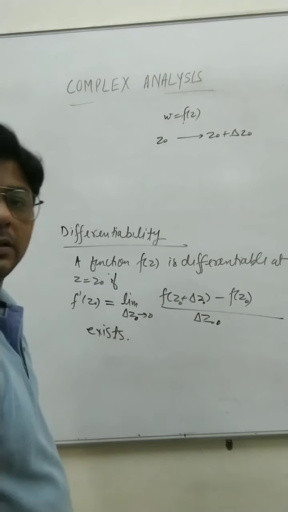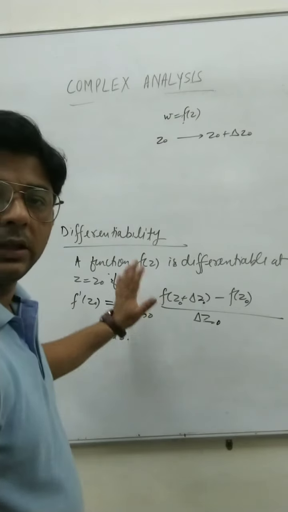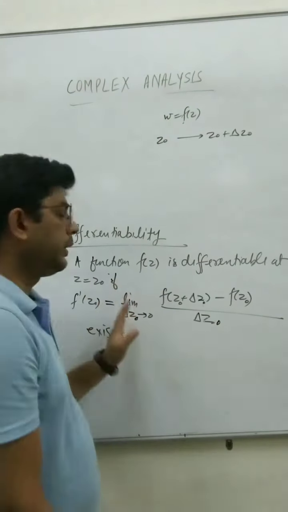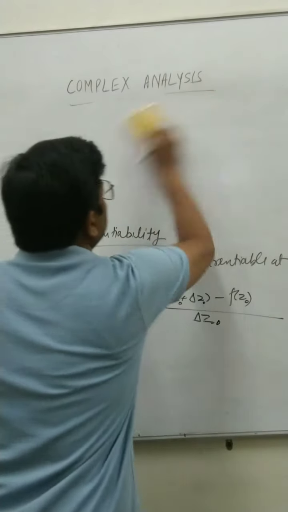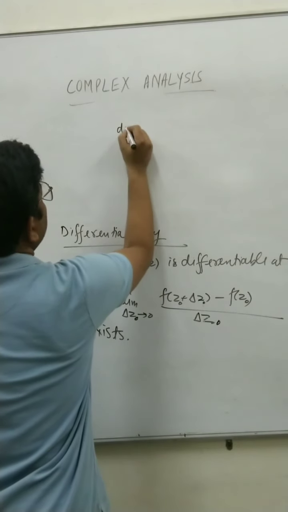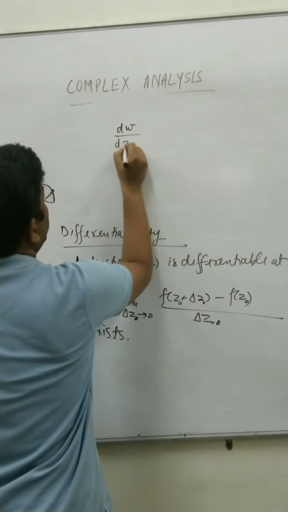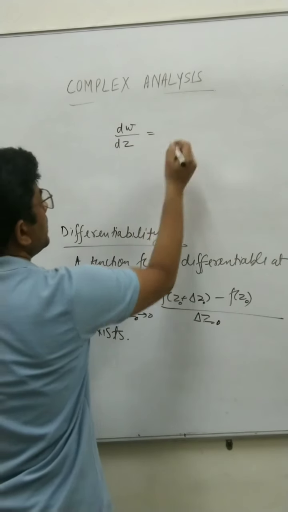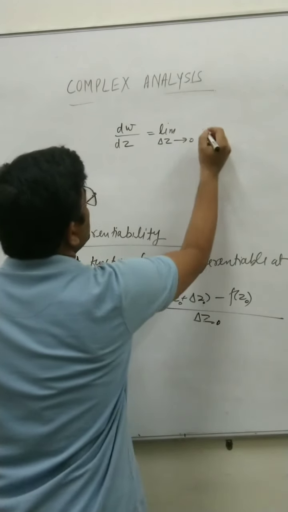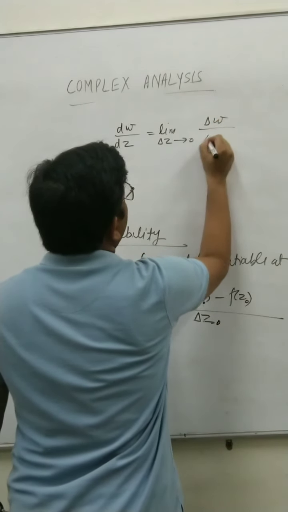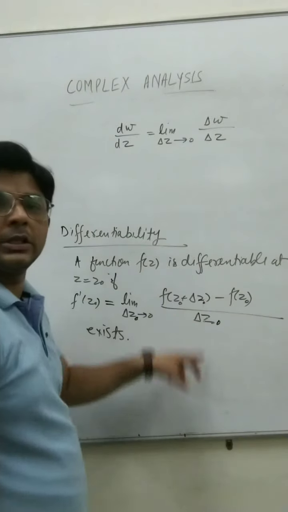If this limit does not exist, then the function cannot be differentiable at the point z₀. We can write this in another form: dw/dz, the derivative of w with respect to z, is equal to the limit Δz tends to 0 of Δw/Δz. These are the same things.